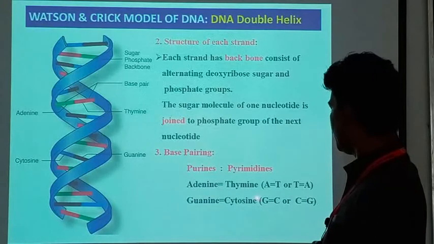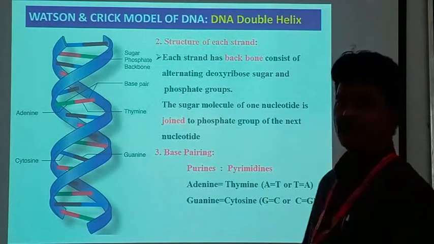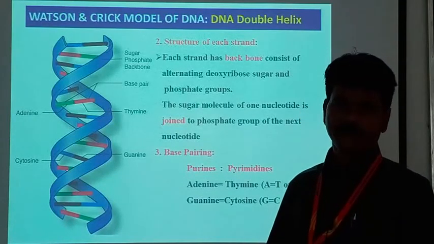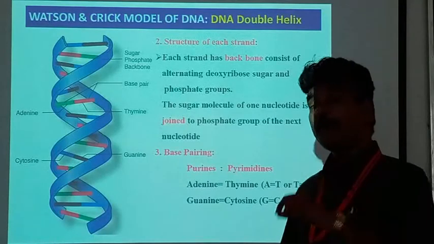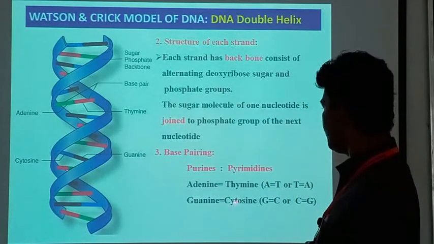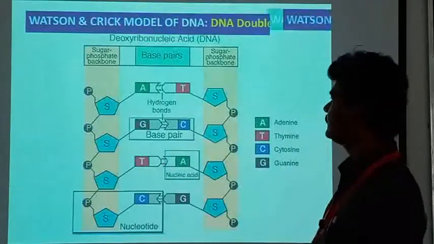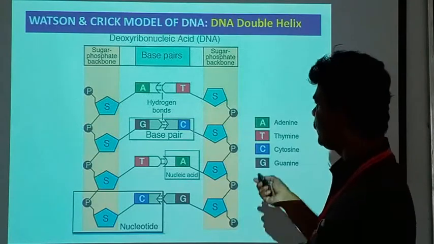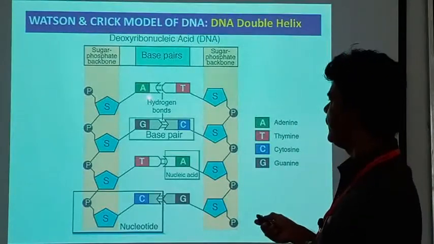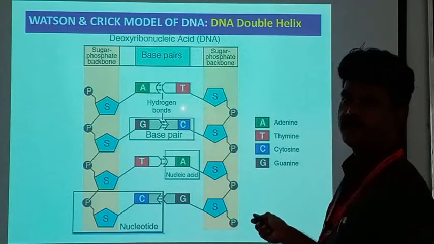And so therefore A is equal to T and G is equal to C. Always there is a pairing with different hydrogen bonds. When A pairs with T, there is a double bond. When guanine pairs with cytosine, there is a triple bond. See here. When we look into this picture, in the base pairing, we find here A as a purine, here T as a pyrimidine.